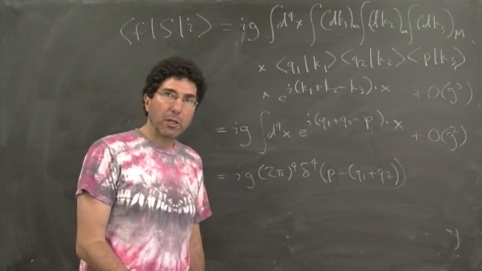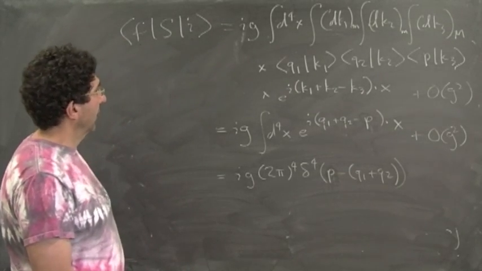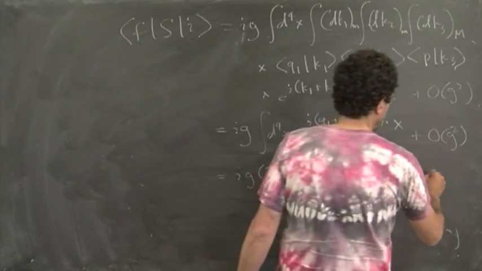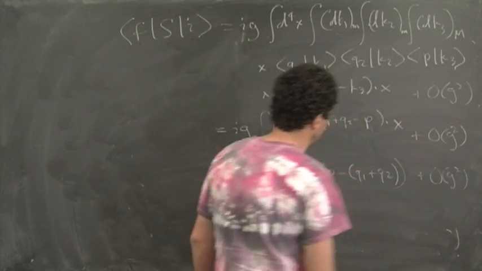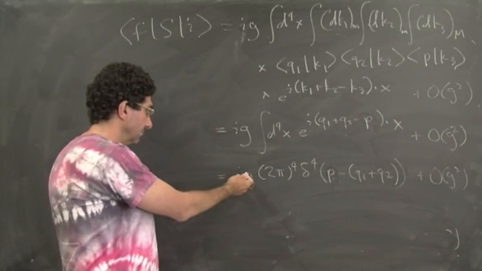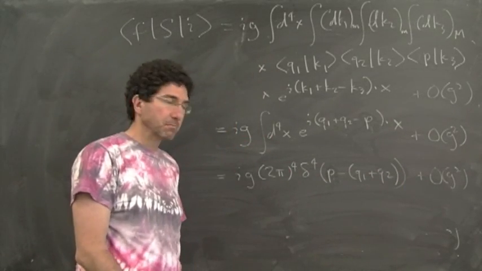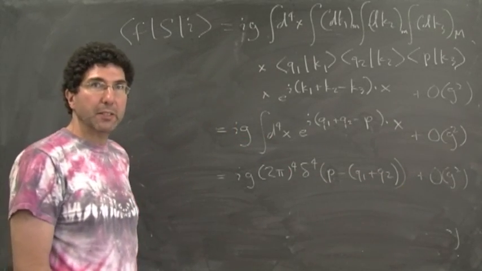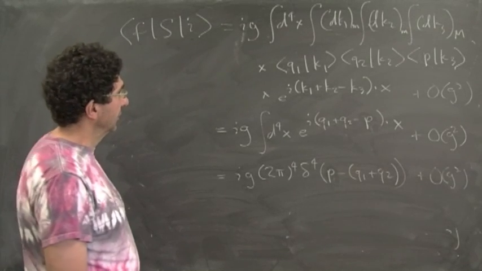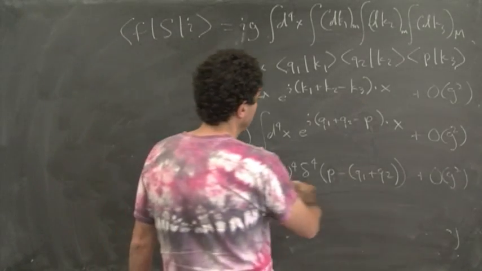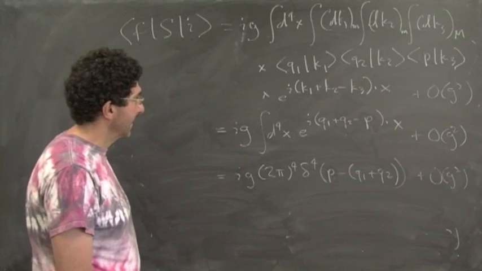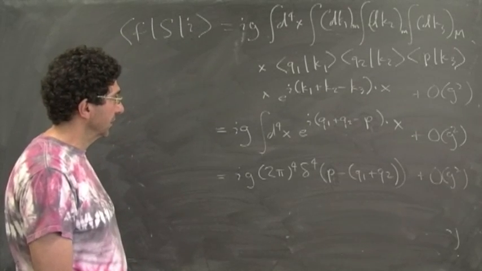So after all the dust settles, my first S matrix element that I've calculated in this course is just i times g times a 4-dimensional delta function. Now, maybe the 4-dimensional delta function is reasonable, right?